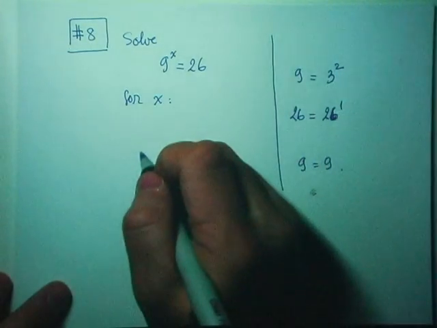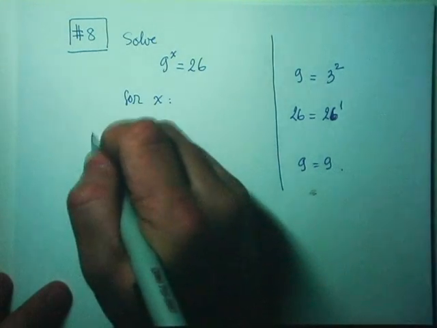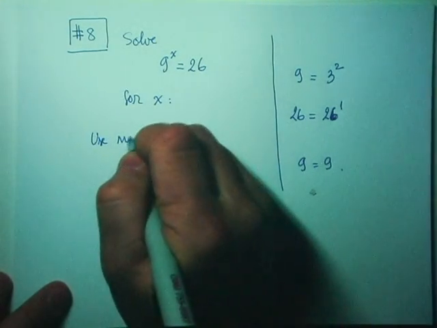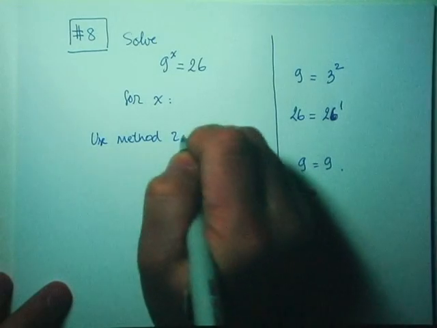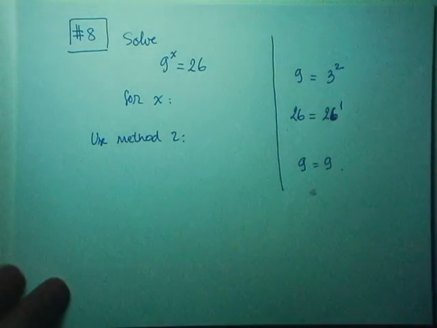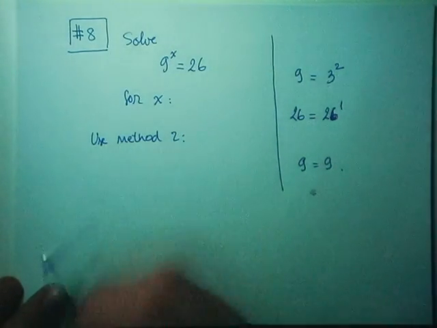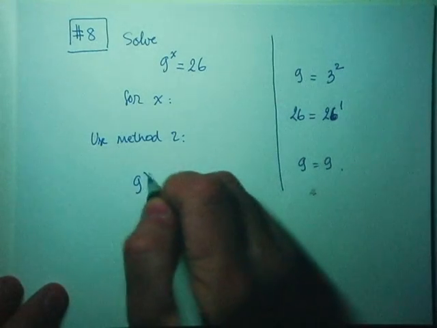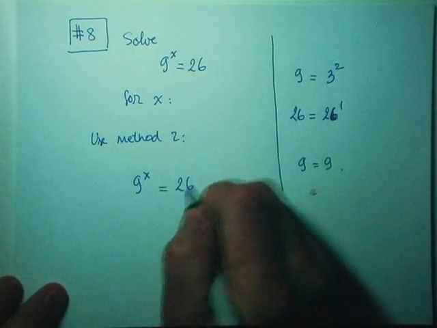So now, for this equation, I'm going to use method number 2 that we discussed in the general discussion for section 4.4. So my equation is 9 to the x equals 26, right?